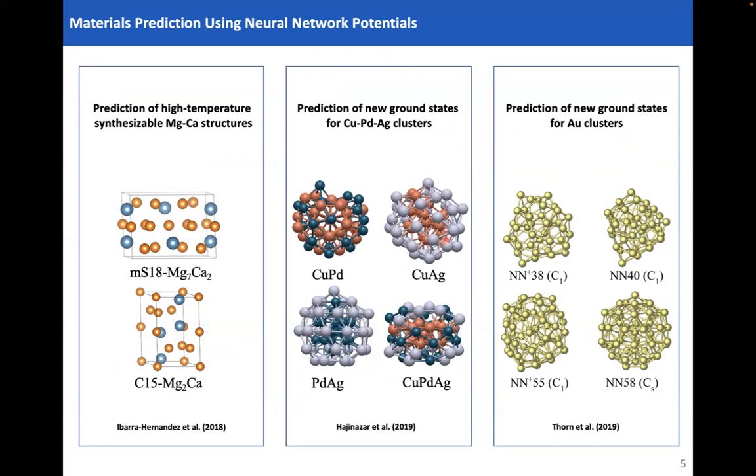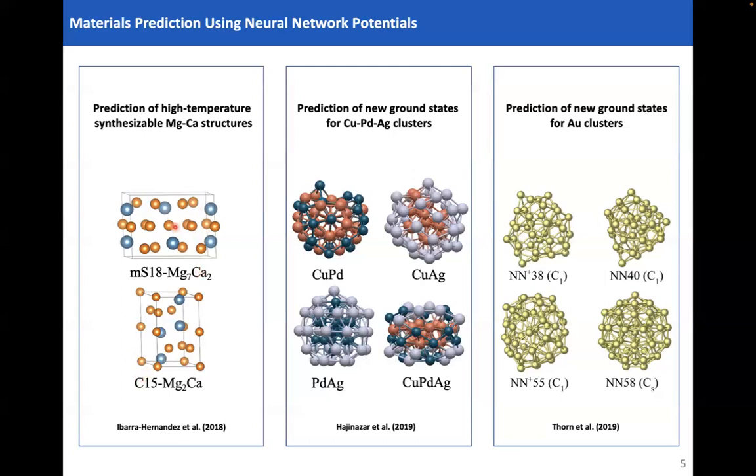Here are just a few examples that I chose because I was involved in them, but as I mentioned, there is a lot more in the literature in this respect. For example, here was an interesting work in collaboration with Romero's group in West Virginia, in which, using machine learning potentials, we found potentially synthesizable new phases of magnesium and calcium, and tests at higher temperatures.